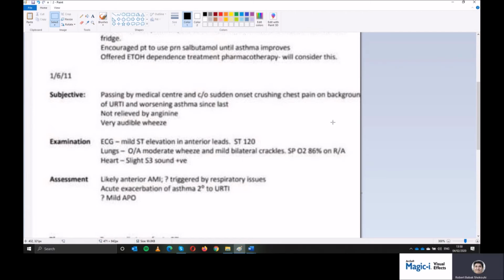These are important, but they are not standard abbreviations. OA means on auscultation. And this means on air, I think, or respiratory aid, I don't know.